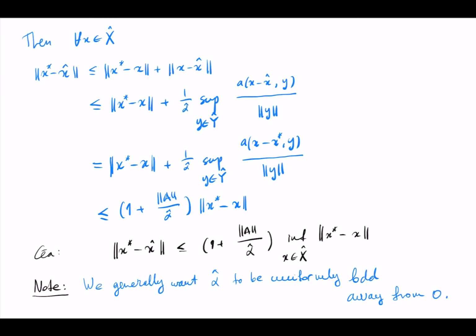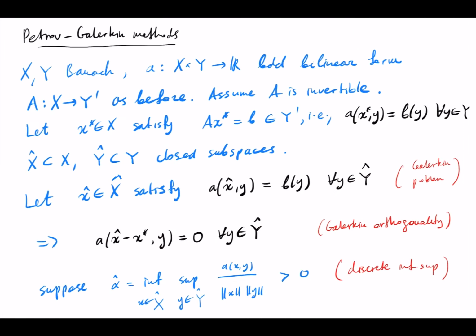And since x is in X hat now, this difference is in the discrete space X hat, so we have x hat minus x in X hat. So we can use the inf-sup condition that we just described here.